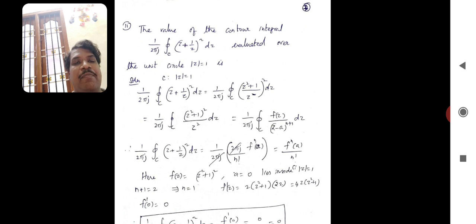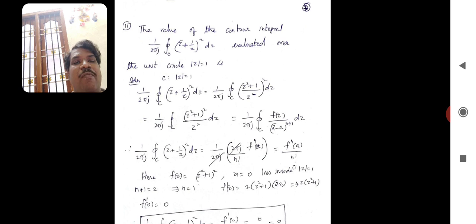By comparison, my f of z value is z square plus 1 the whole square, and a value is 0 and n plus 1 value is 2. So n value is 1. And the answer for the given integration is 2 pi j into f nth derivative at the point a divided by n factorial.